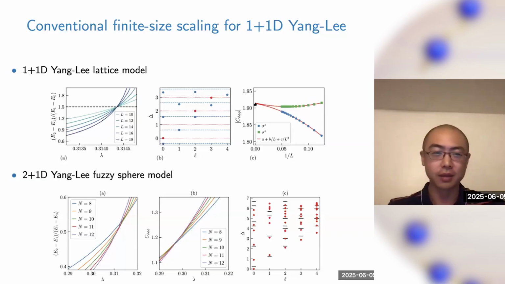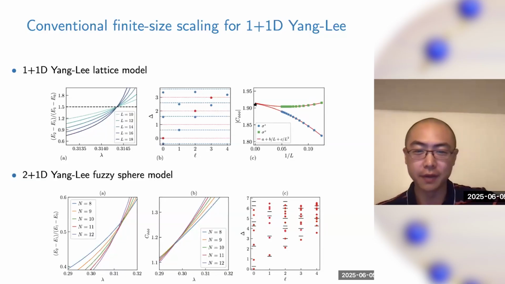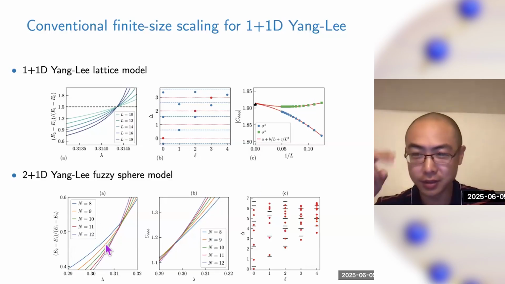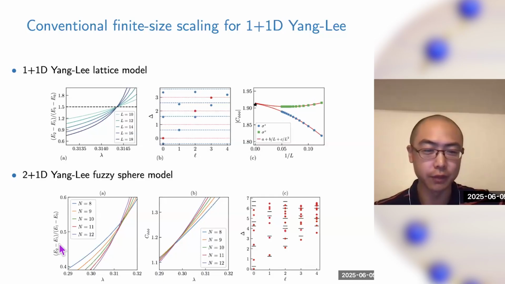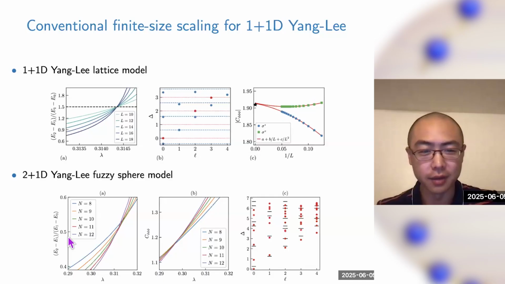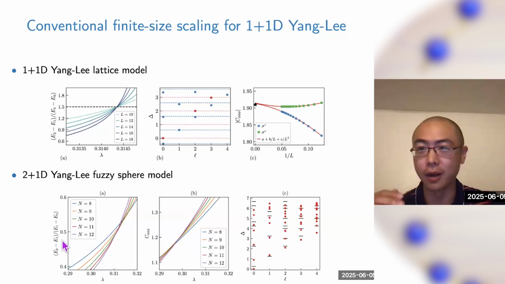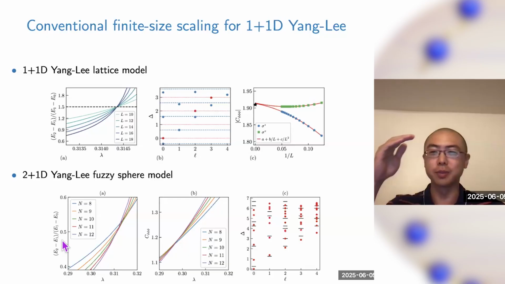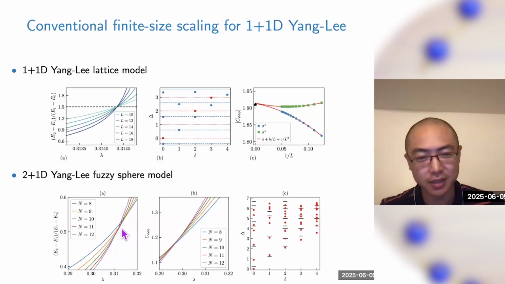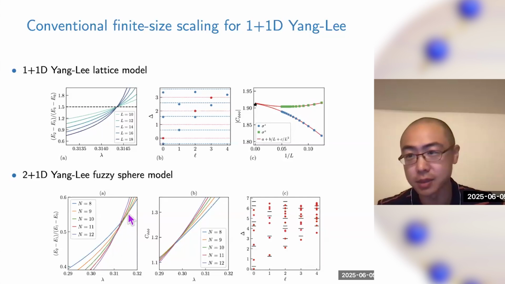And then you want to do the same thing on the 2+1D fuzzy sphere model, and you run into a problem. For example, you compute the same quantity, the ratio of level spacing. By the unitarity bound, you know that this ratio at the true critical point should be larger than 2. But you can see that the crossing point of these lines drifts a lot with the system size, and the crossing point is around 0.5, much lower than 2.